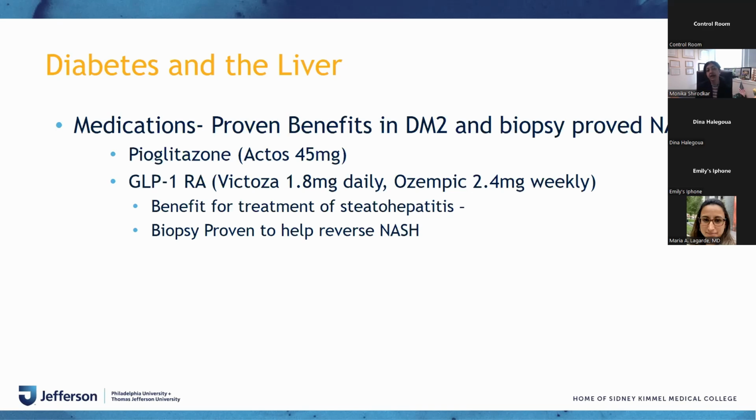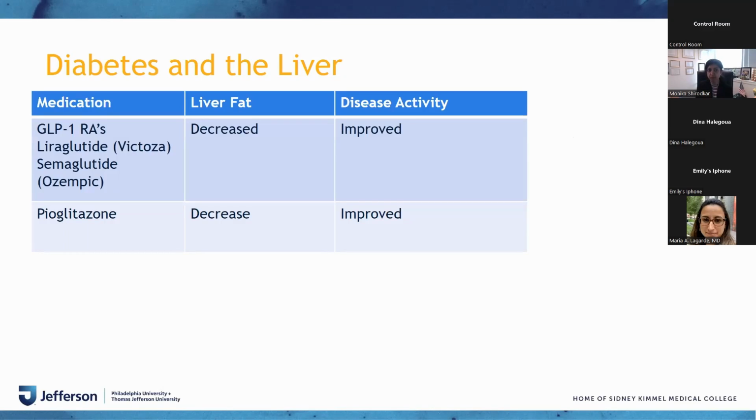And the two agents that have been shown to improve disease progression are pioglitazone, which is Actos, and the GLP-1 receptor agonist. And the two agents in that group were Victoza and Ozempic. Now, these are in the studies, so there are medications that were used in higher doses, but once again, like I said, they were proven to reverse NASH on biopsy.